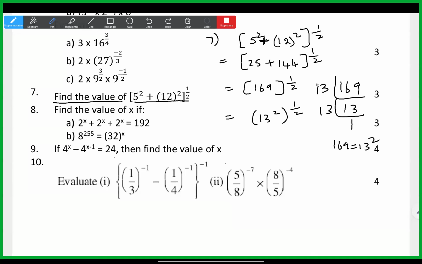Now again, which law can you tell us for this?